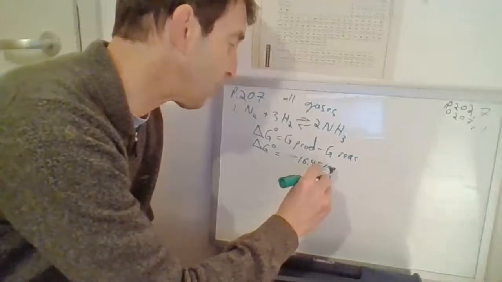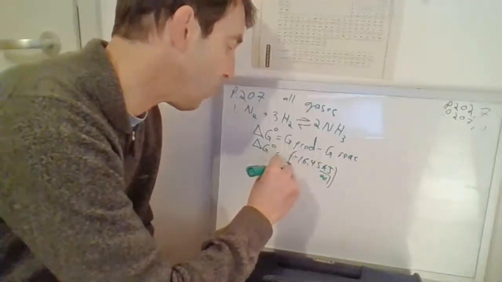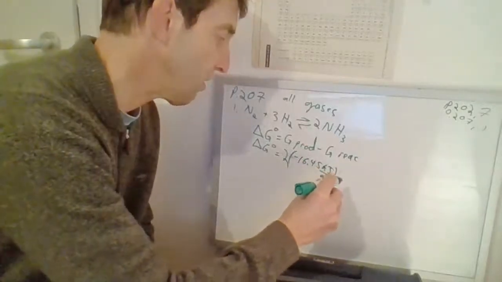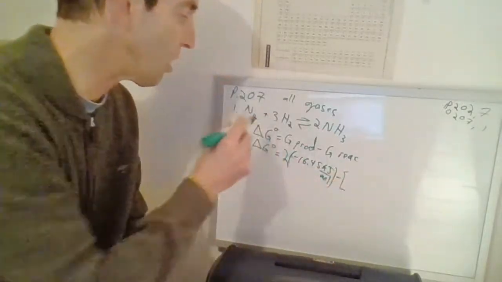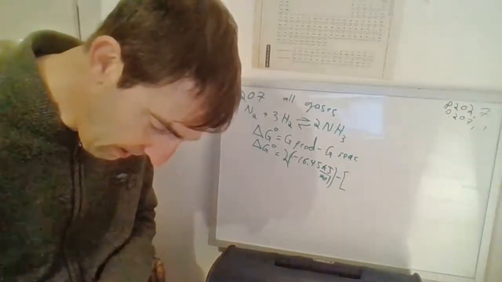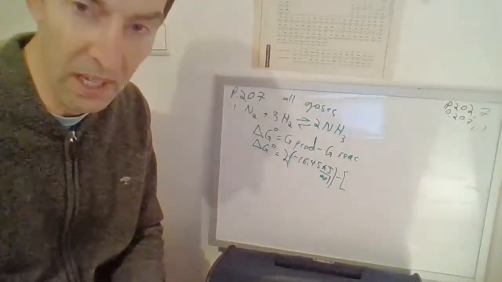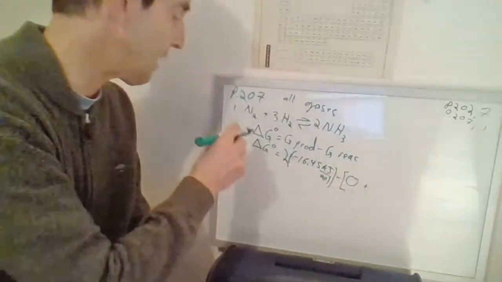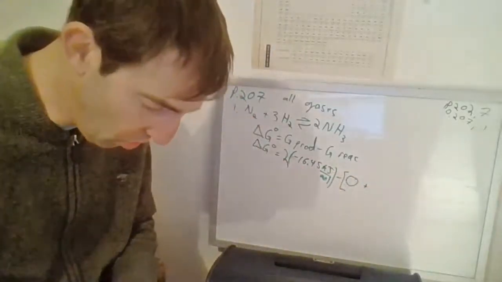Okay, times, you guessed it, Chester, 2 moles. Minus, I'm going to put brackets because I got 2 different reactants. All right, N2, there it is. Well, it's 0. Well, that's nice. Hallelujah, brother. And then I got 3 moles of H2.